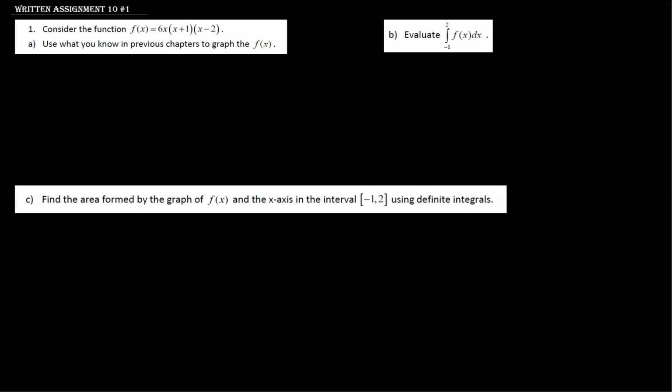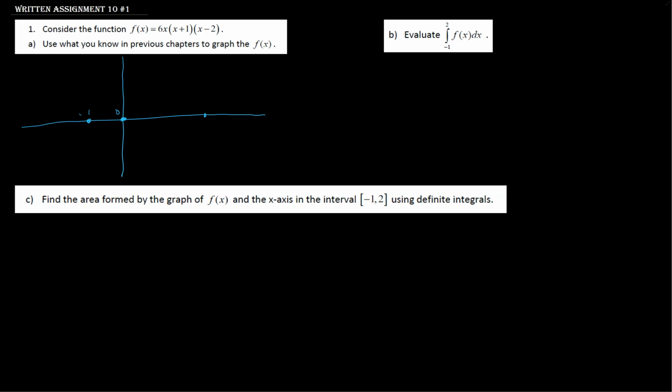So let's first graph the function. We know that a polynomial will be a nice, smooth curve. The x-intercepts are when y equals 0, which means x is equal to 0, x is equal to -1, and x is equal to 2.